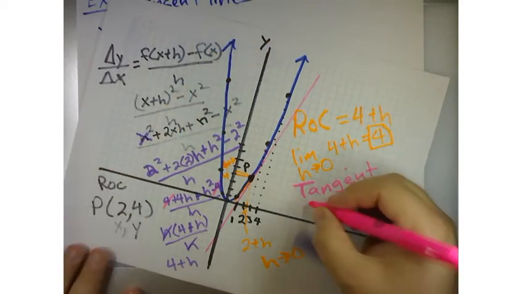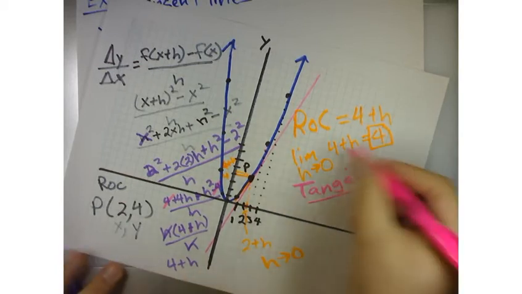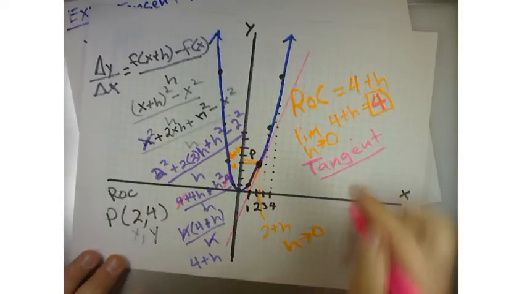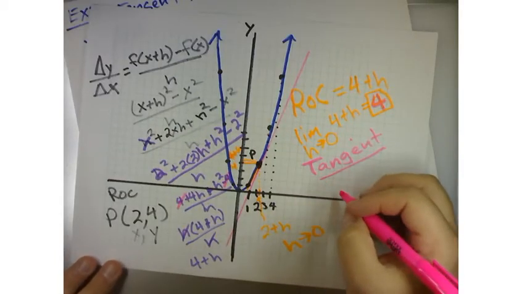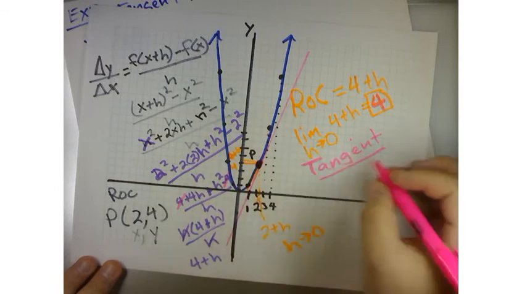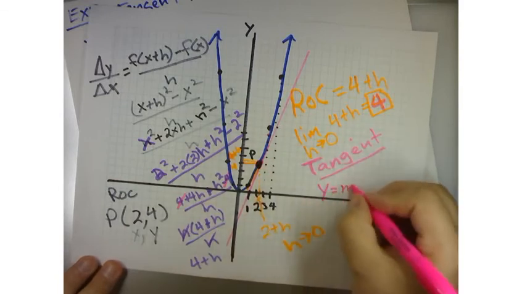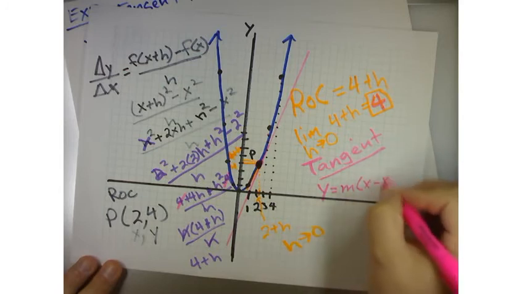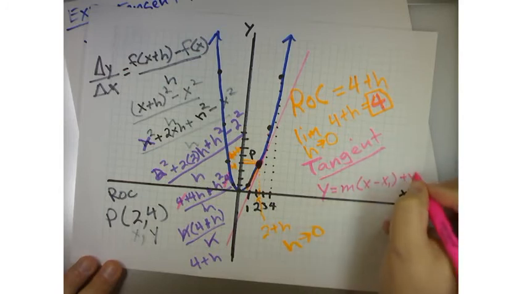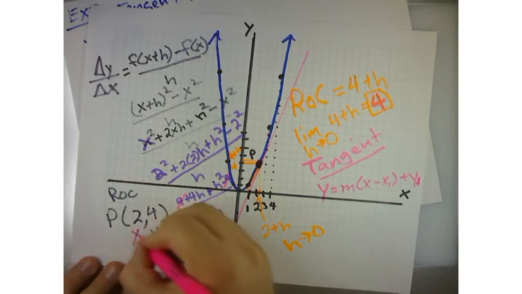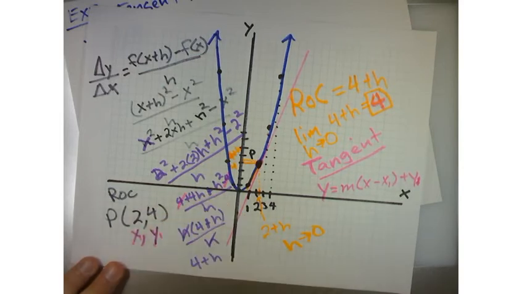Now how do I write that equation? Well, we know that the slope is supposed to be 4. So if I know what the slope is, and I know the point that I'm interested in, I could say y is equal to m times the quantity x minus x sub 1 plus y sub 1, right? Well, what point am I going to use? 2, 4.